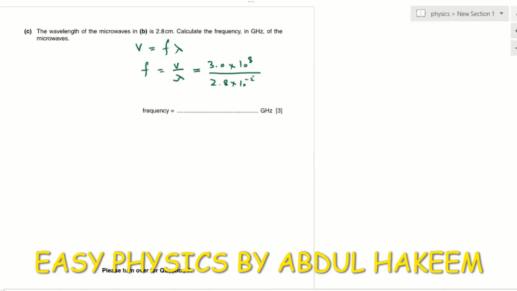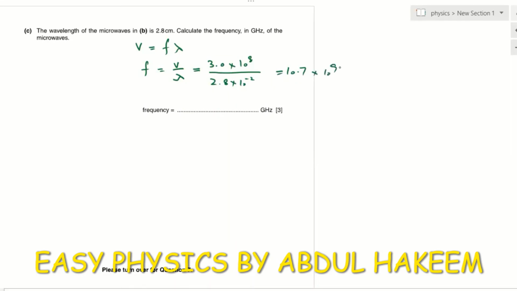Now, after the calculation, this is approximately 10.7 × 10^9. So we can write it in significant figures as 11 gigahertz.